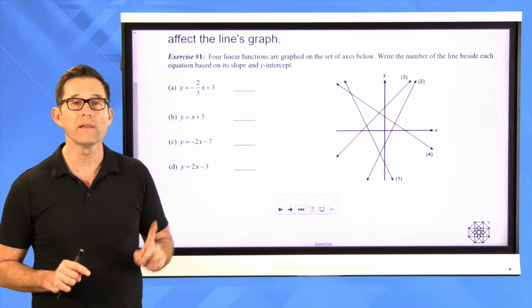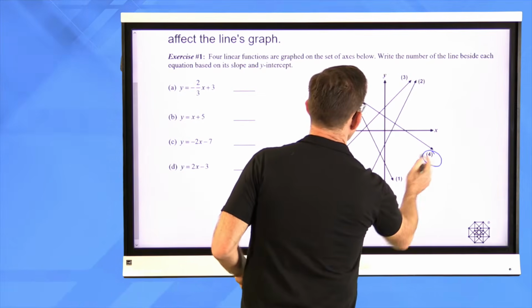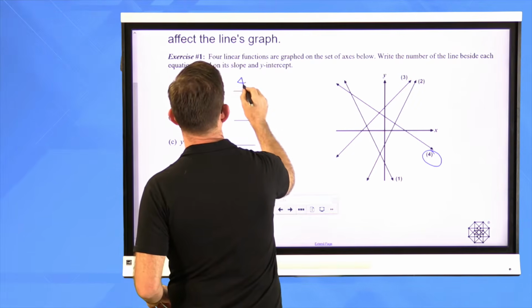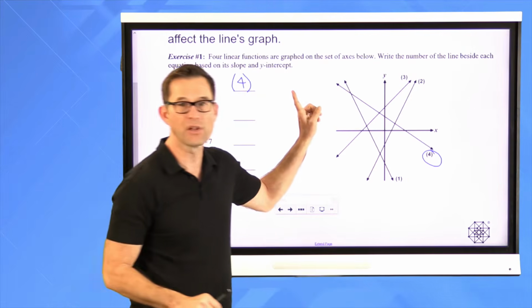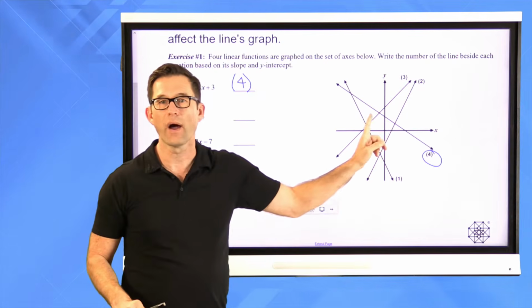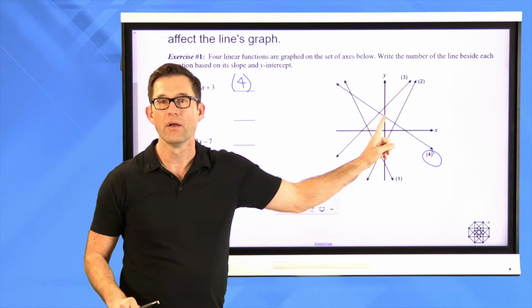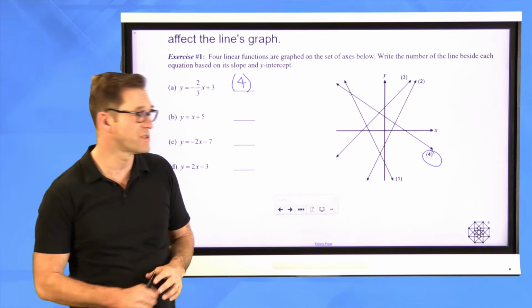The only line that has a negative slope and a positive y-intercept is choice 4. Choice 4 has a negative slope because the line is going down, and its y-intercept is right there, so it's got a positive y-intercept. All right, so that's choice 4.